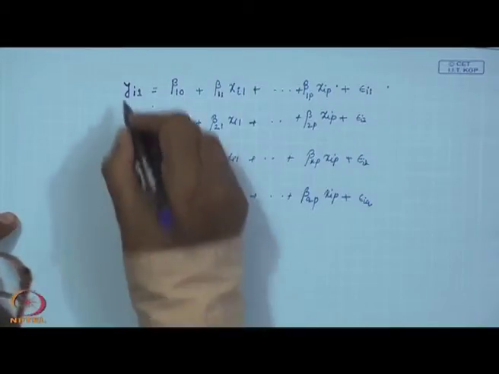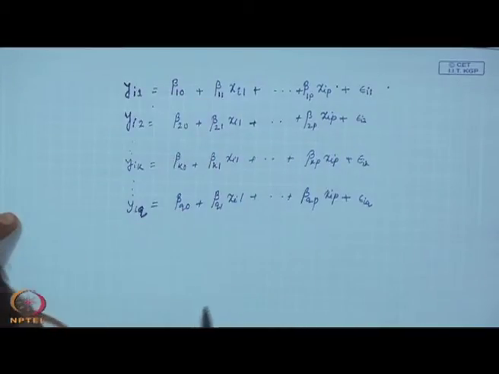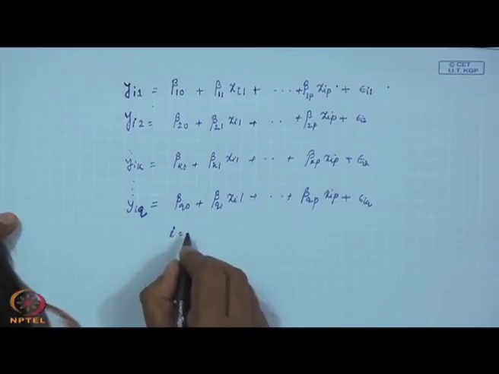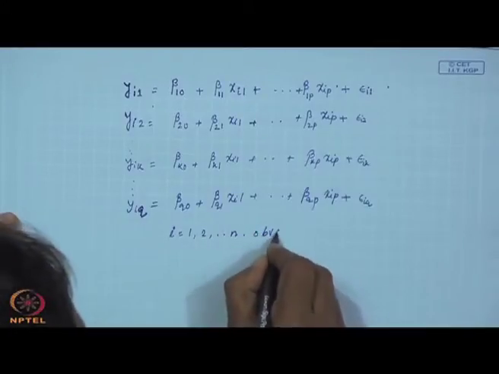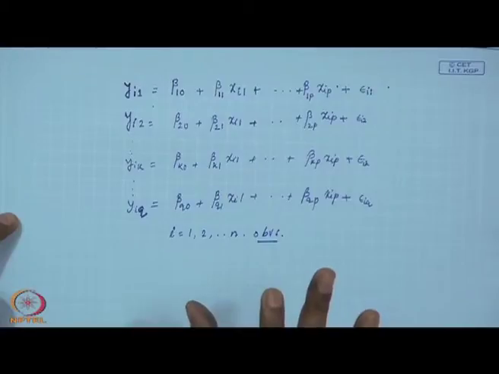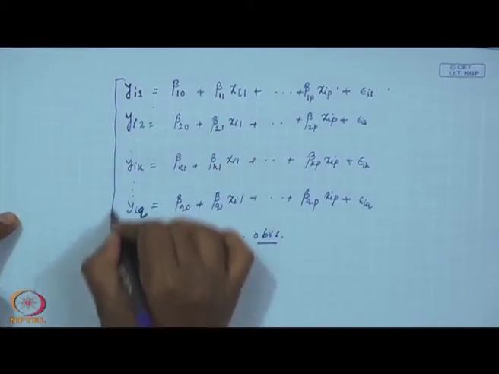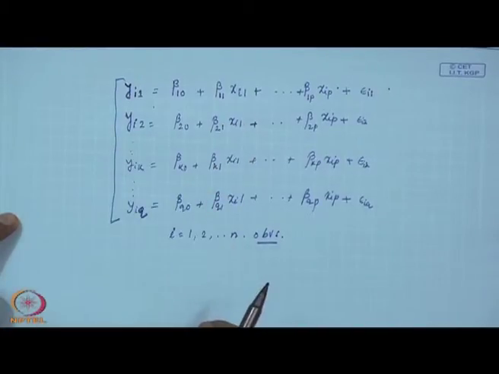Correct. So, if you take this in general, for i equal to 1 to n observations, because you have a total of n observations, this set will be repeating n times.